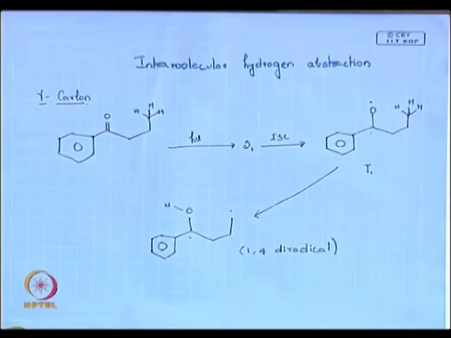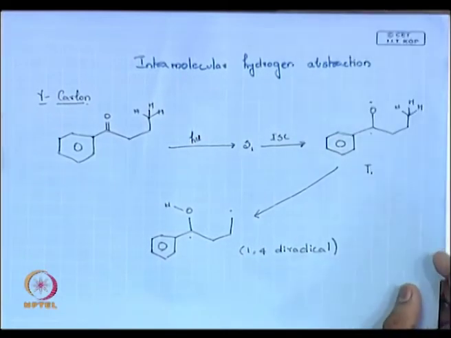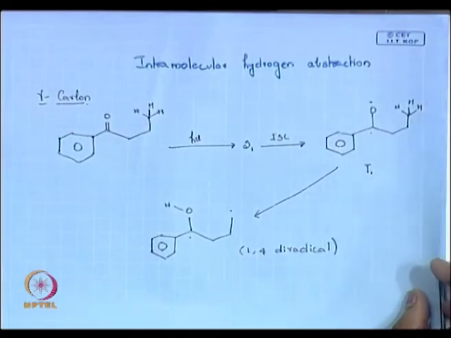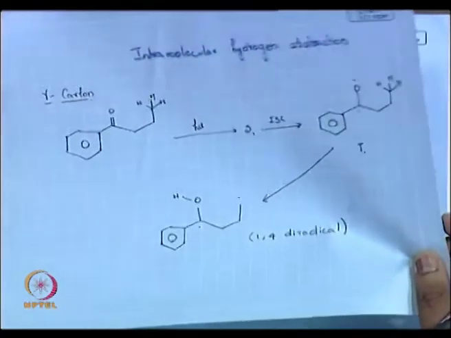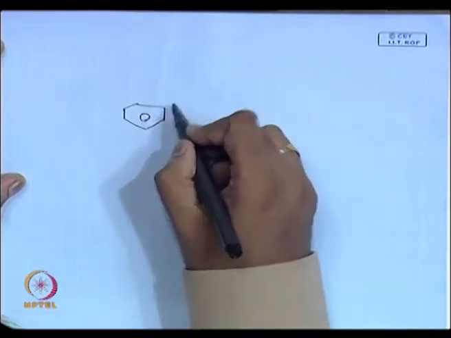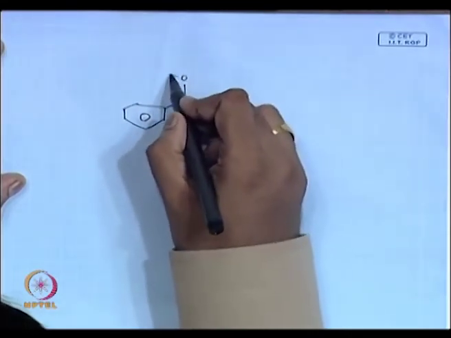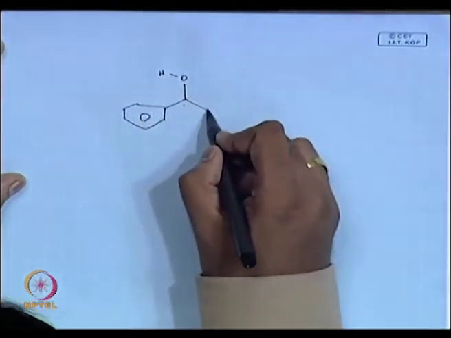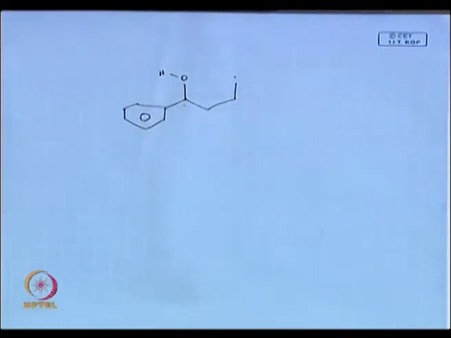So, we get a nice 1,4 diradical. Now, after this it is more about your radical chemistry, right. So, what can this 1,4 diradical do?